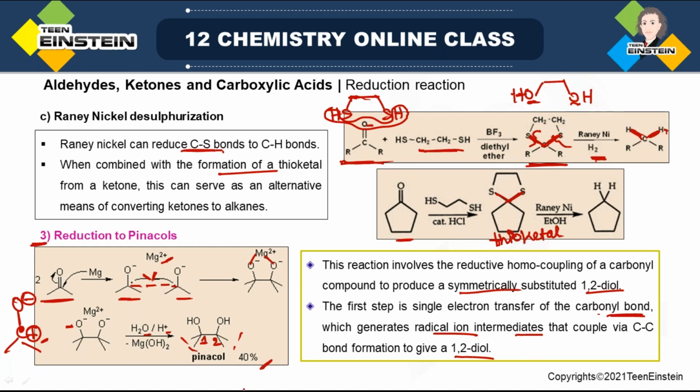So this type of basic 1,2-diol is actually known as pinacol, and different groups may be present on both sides, but they are the same. Fine. So this is also a reduction reaction, because ultimately it is accepting electrons from magnesium, right? C double bond O is now converted to C-OH.